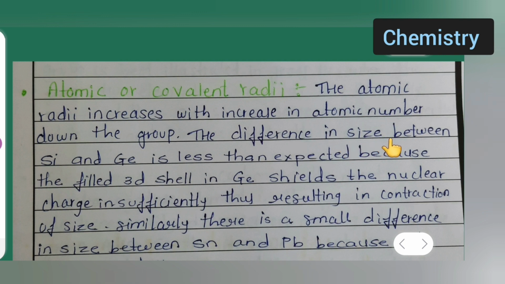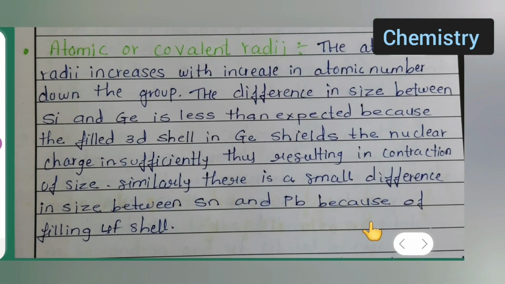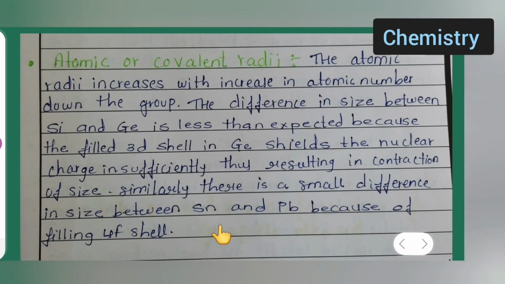The difference in size between silicon and germanium is less than expected because the filled 3d shell in germanium shields the nuclear charge insufficiently, thus resulting in contraction of size. Similarly, there is a small difference in size between Sn and Pb because of filling 4f shell. You all can take down these notes.